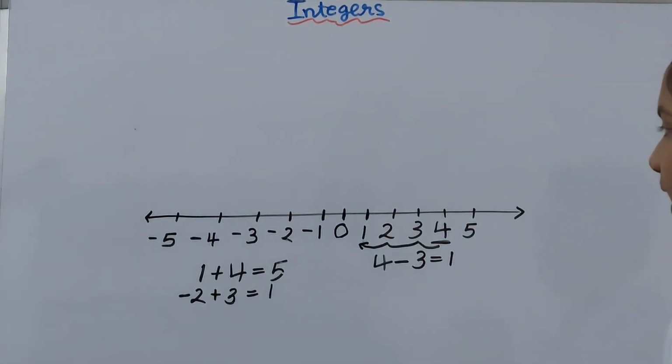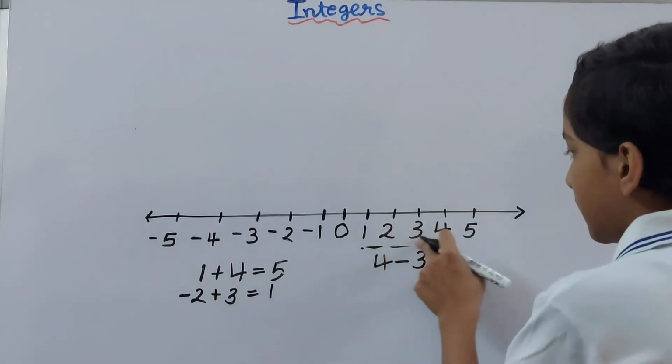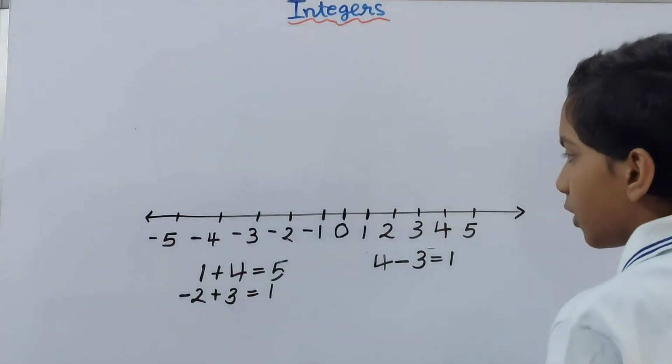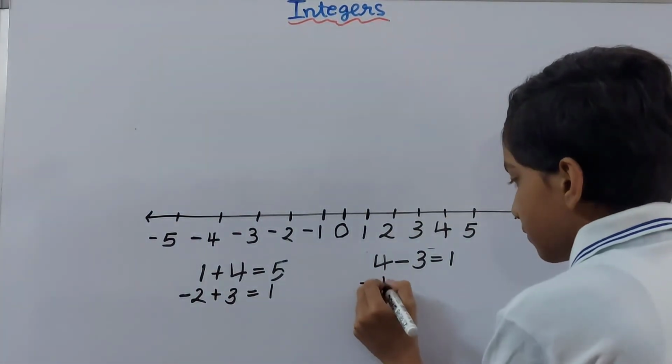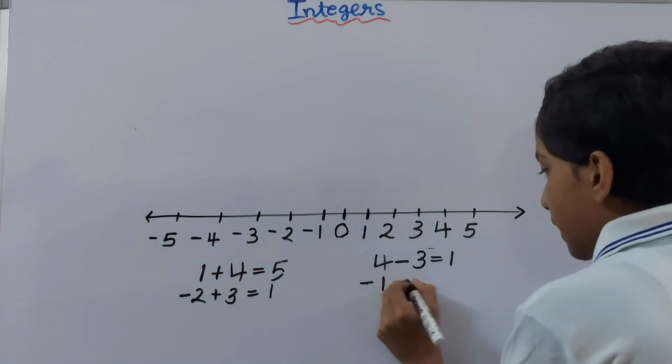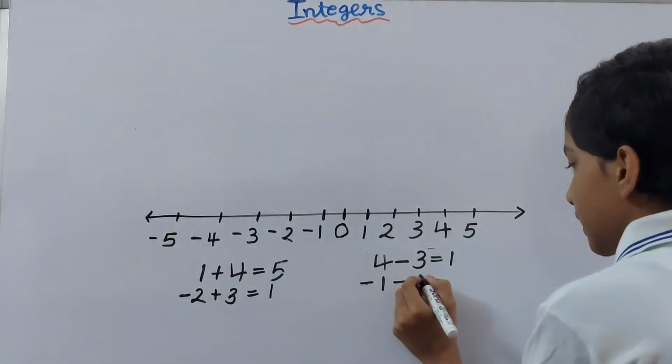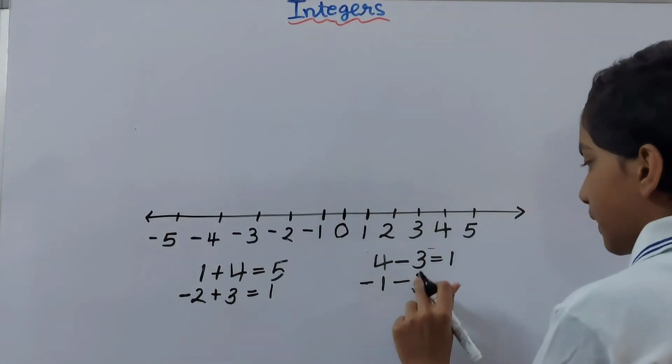Same way, let's see how can we subtract negative numbers. So let's see. Here let's take our first problem. So we have minus 1 minus, let's say 2.